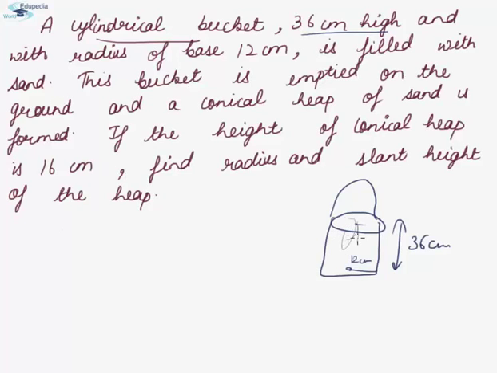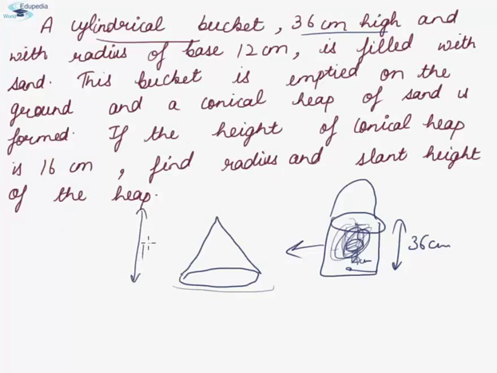So this bucket is filled with sand. The bucket is emptied on the ground and a conical heap of sand is formed. So this material, that is sand, is used to form this conical heap on the ground. If the height of conical heap is 16 centimeters, find the radius and slant height of the heap.